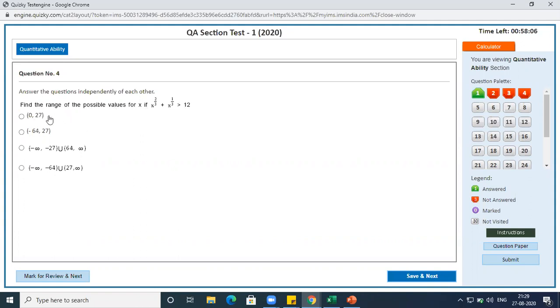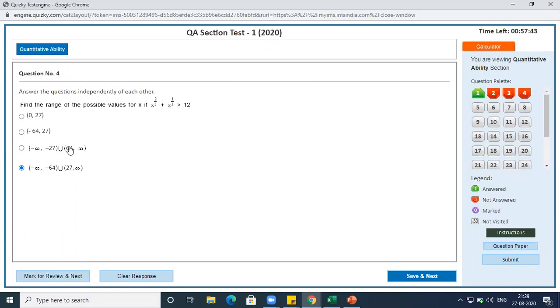So the value has to be greater than 27. The others are out of range. If I take 0, it will be 0 plus 0, not greater than 12. So minus 100, 60, 27, different.